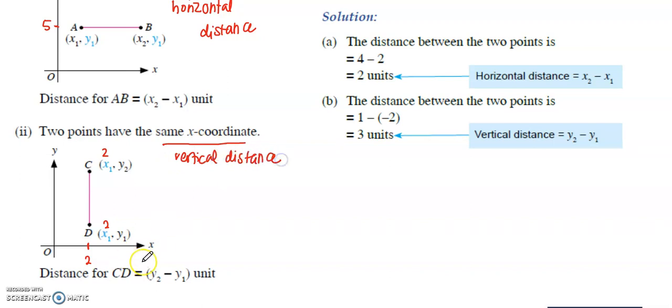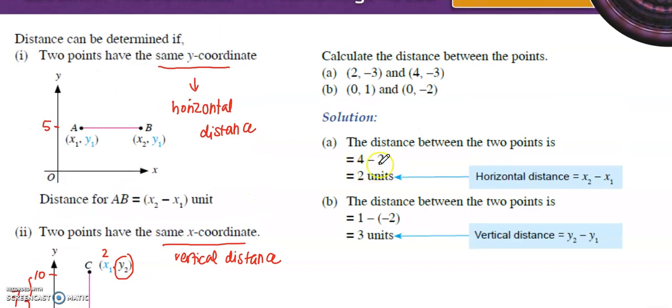Distance for CD is y2 minus y1. When you ambil y coordinates, you tolak dua tu, you akan dapat the length for the vertical distance. Let's say C here is 10 and D here is 3. So 10 minus 3, we get 7. So distance for this part is 7 units. That is how we calculate the vertical distance.